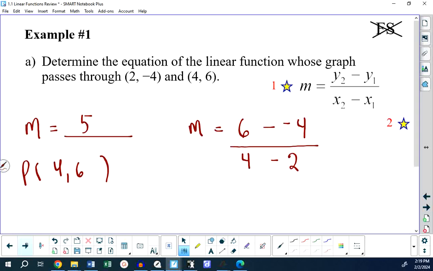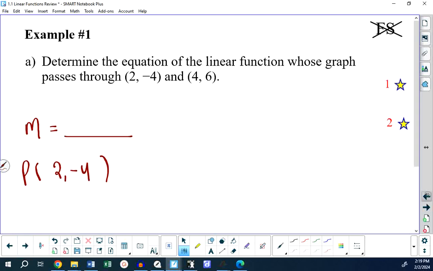And clearly, even if the point that you put in your list is 2 comma negative 4, you're still going to use these 2 points to find the slope, and you're going to get 5 for a slope. And I'm about to explain to you why I don't like them calling this formula the point slope form.